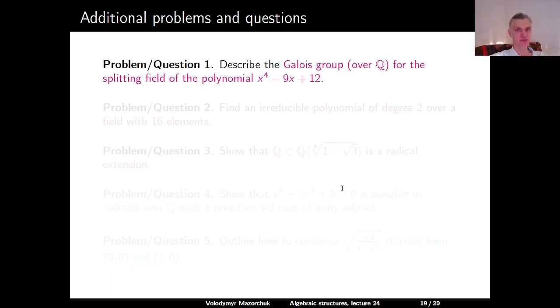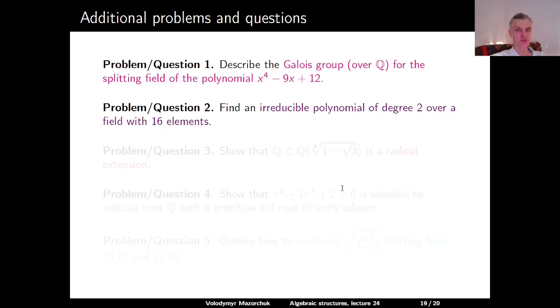Additional problems and questions. Question 1. Describe the Galois group over Q for the splitting field of the polynomial x to the power 4 minus 9x plus 12. Question 2. Find an irreducible polynomial of degree 2 over a field with 16 elements. Question 3.